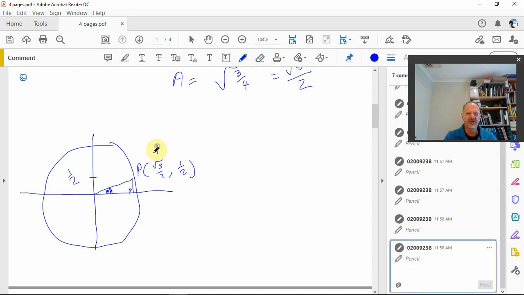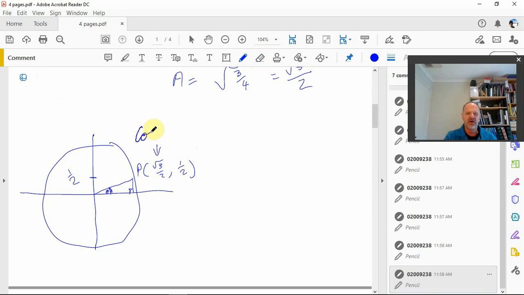By definition, this is our cos of theta, and this is our sine of theta. Question is, what is theta?